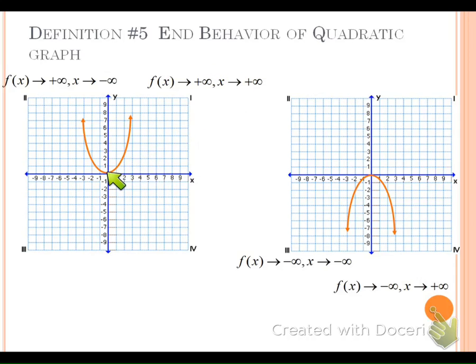So as your numbers get really, really big on the x-axis, your graph is getting really, really high. As you go to the left, really big negative numbers, your graph is still going to be really big. Okay, so it's approaching infinity. Whether you're going to the right or to the left, your parabola keeps going up.